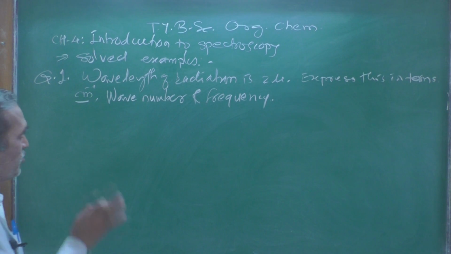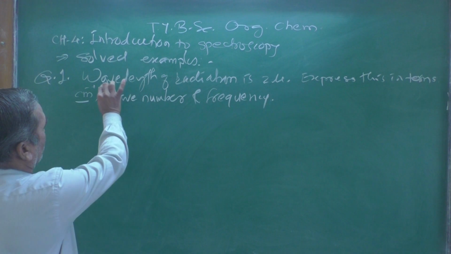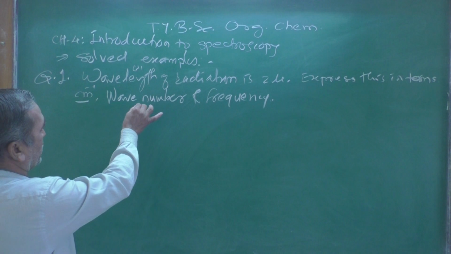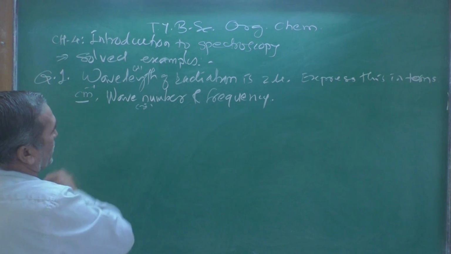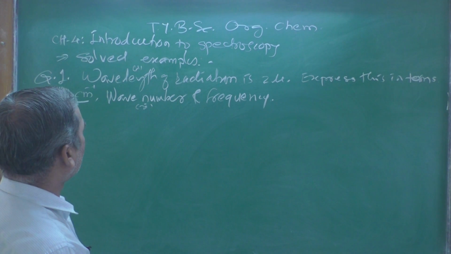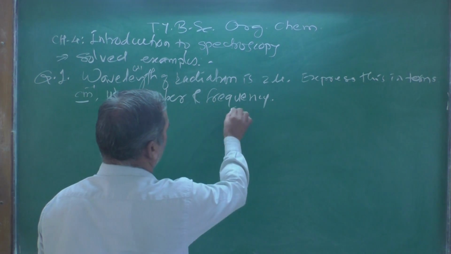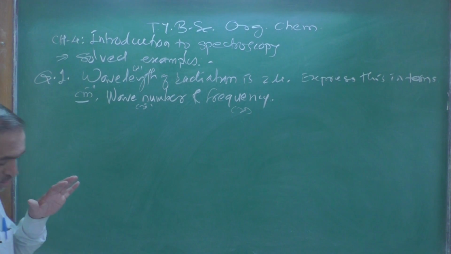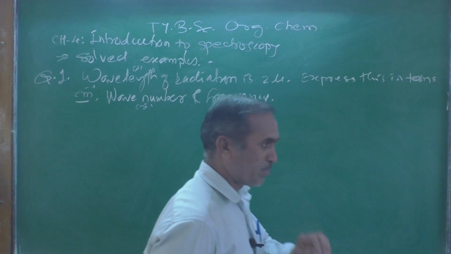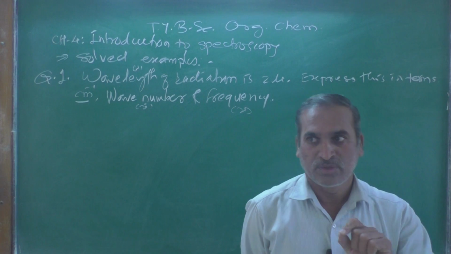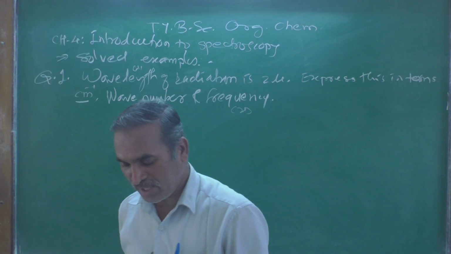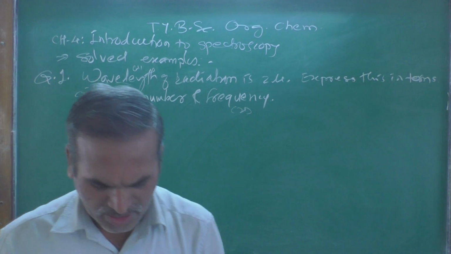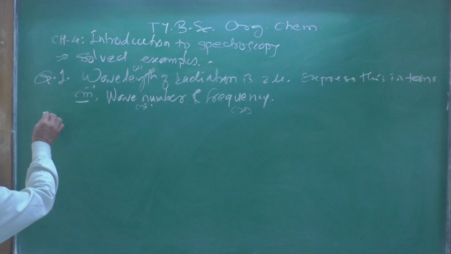As we know, wavelength is denoted by lambda, wave number is denoted by mu bar, and frequency is generally represented by mu. These are the symbols that denote the corresponding terms.